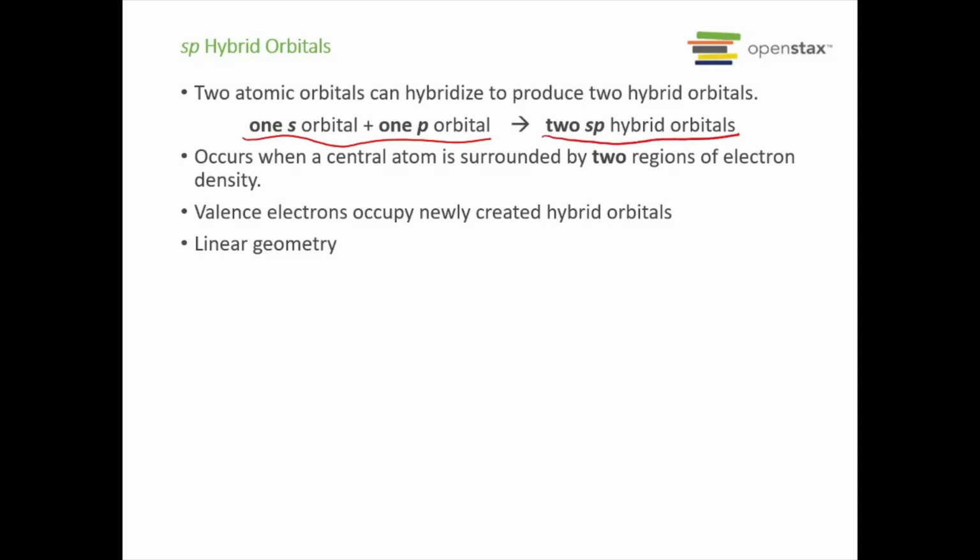This happens when you have a central atom surrounded by two regions of electron density. Those valence electrons are going to occupy the newly created hybrid orbitals, and this has a linear geometry. Like I said, VSEPR theory still comes into play here with the two regions of electron density and the linear geometry. So something like carbon dioxide. Linear geometry still.